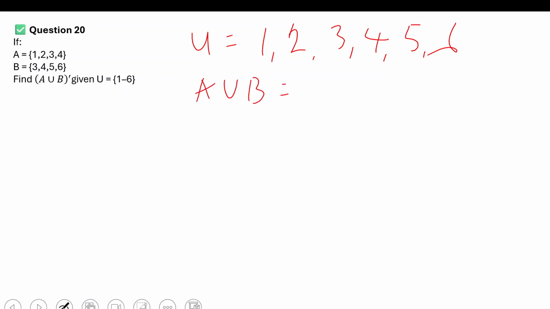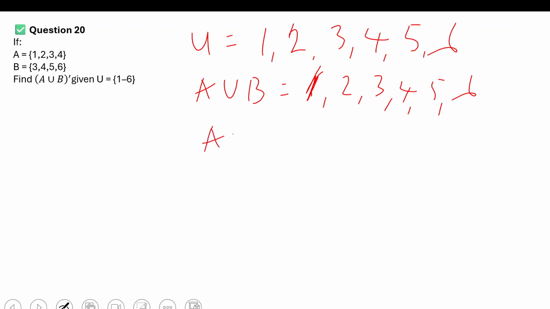Okay, so the universal set is equal to 1, 2, 3, 4, 5, and 6, right? And A union B is 1, 2, 3, 4, 5, and 6.